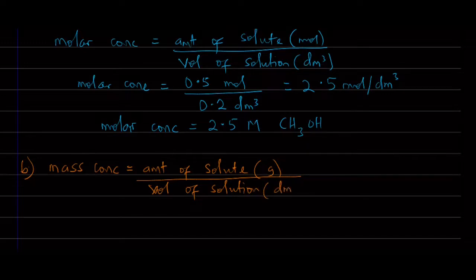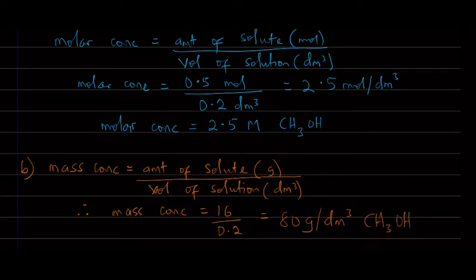So that means we are going to have mass concentration as our amount of solute, which is 16 gram, over volume of solution, which is 0.2. So we obtain 80 gram per dm cube of CH3OH.